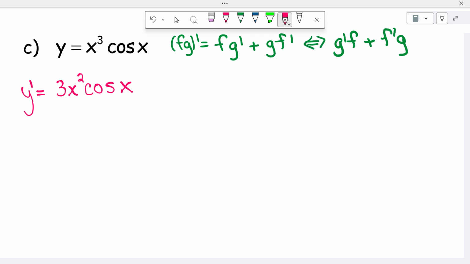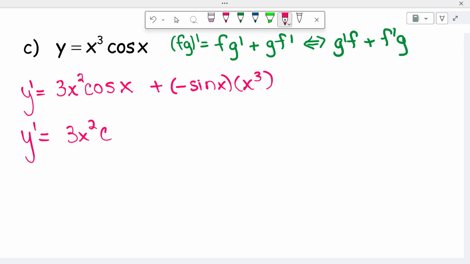Right, and then plus, so then derivative of cos is negative sine x times x cubed. Right, so 3x squared cos x minus x cubed sine x.